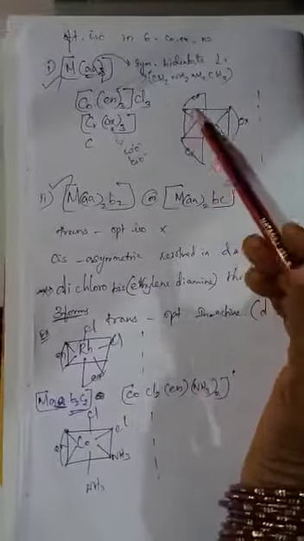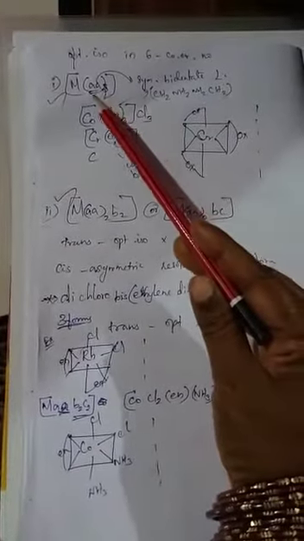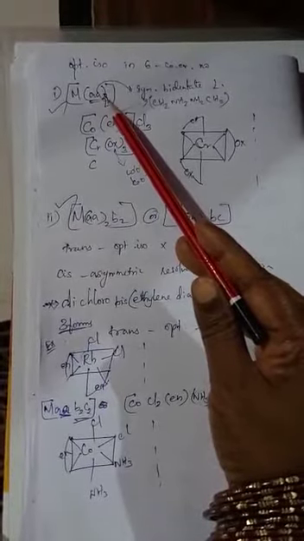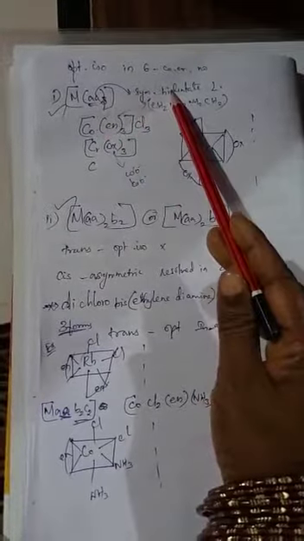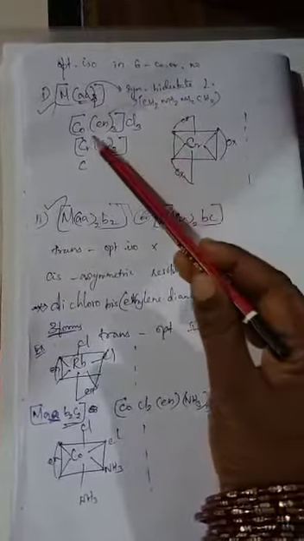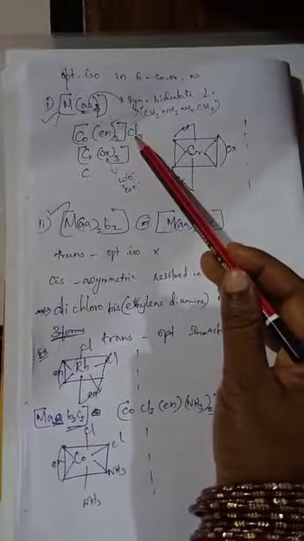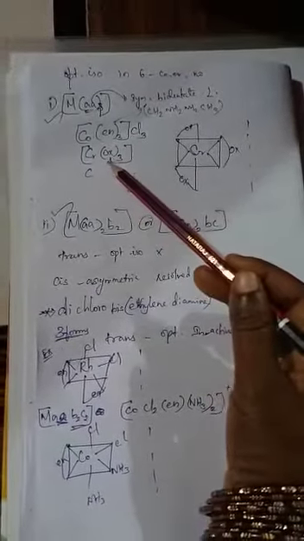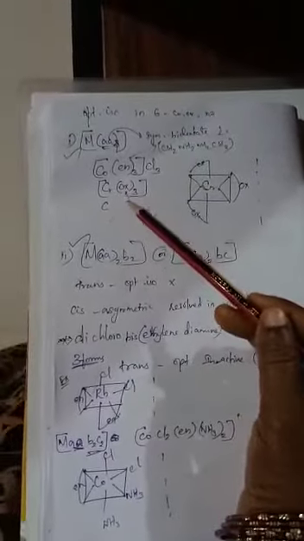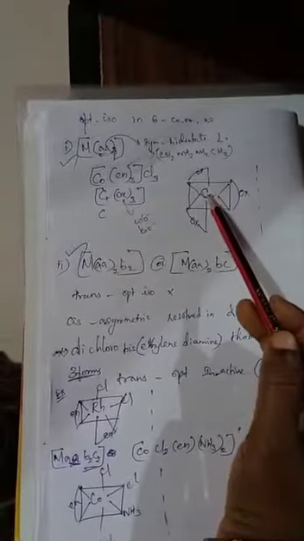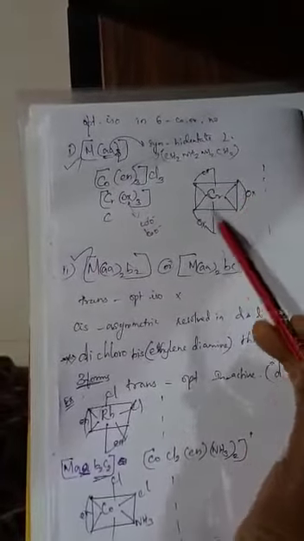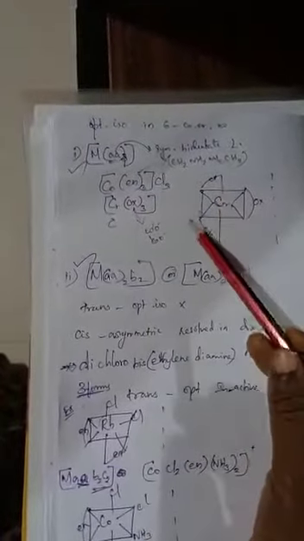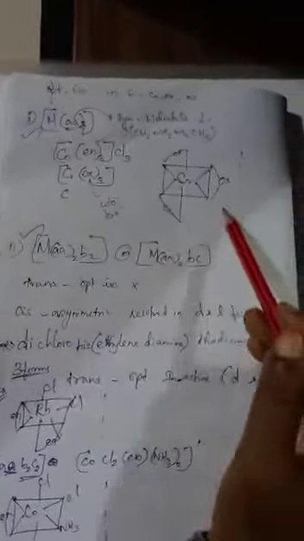Optically active isomerism in 6 coordination complexes: the first one is M(AA)3, that is, a symmetrical bidentate ligand. Examples are [Co(en)3]Cl3 and [Cr(oxalate)3], the chromium with three oxalate ions as the ligand.